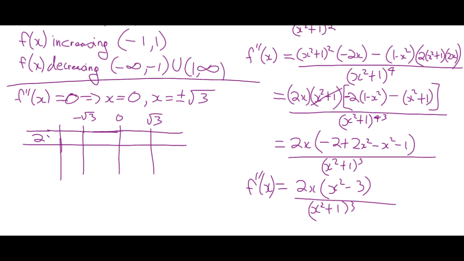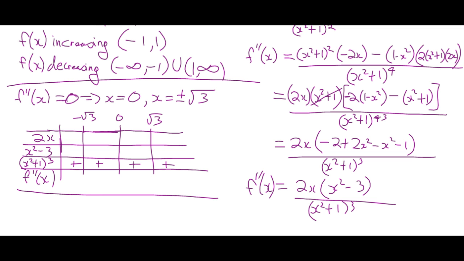We got a 2x. We got an x squared minus 3. We got an x squared plus 1 cubed, which is always positive, which gives us f double prime of x, which will tell us something about f of x.